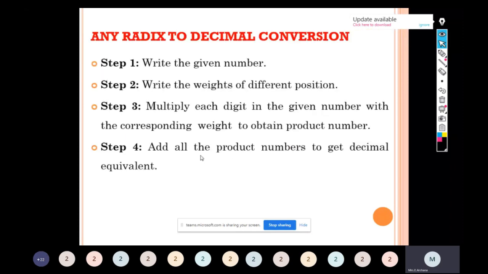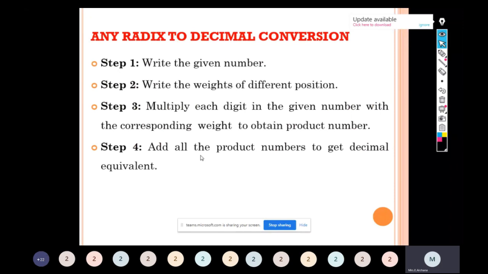Next, any radix to decimal, it consists of 4 steps. Any radix means any base, whatever may be the base, 5, 6, 7, any base to decimal. We are going to convert any radix to decimal. First we have to write the given number.